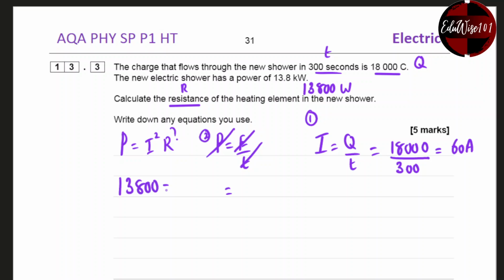13,800 equals I is 60, which we calculated here. So 60 squared times R. So rearranging the equation, R equals 13,800 divided by 60 squared.